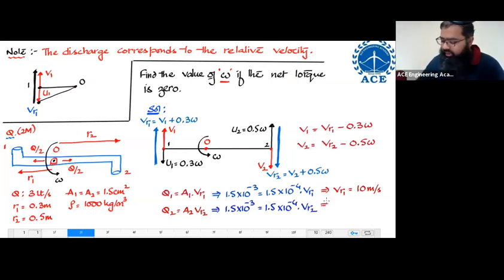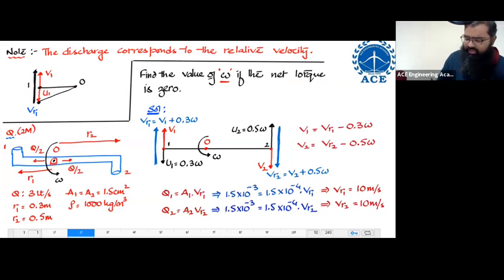So from here it implies that the value of VR2 is also equal to how much? 10 meters per second. Okay. So once we are having the value of VR1 and VR2, now this first step was just line diagram. Second step is this thing.